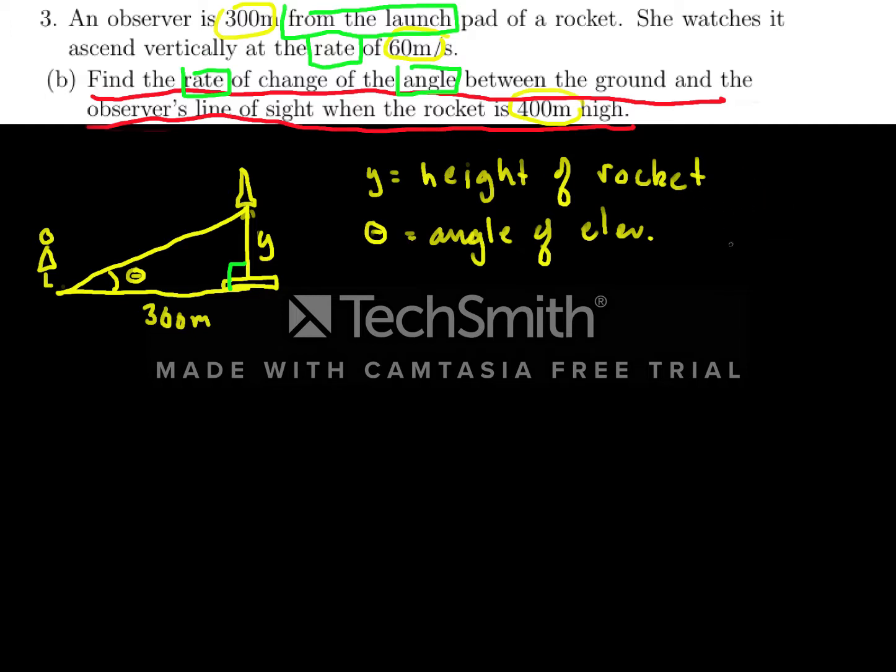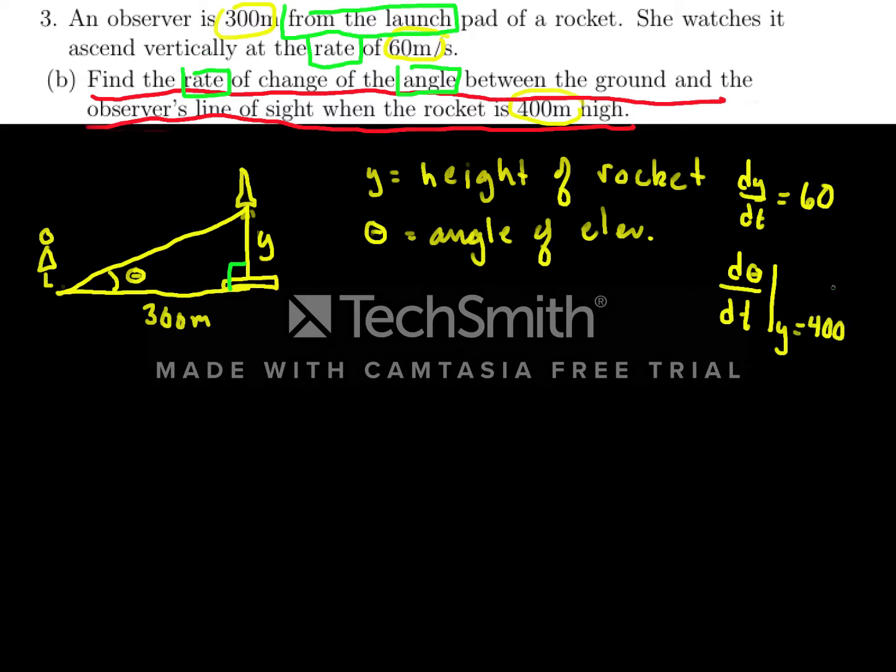We know that dy/dt is still 60, and we want to know what is the change in that angle. What is d theta/dt when y is equal to 400?